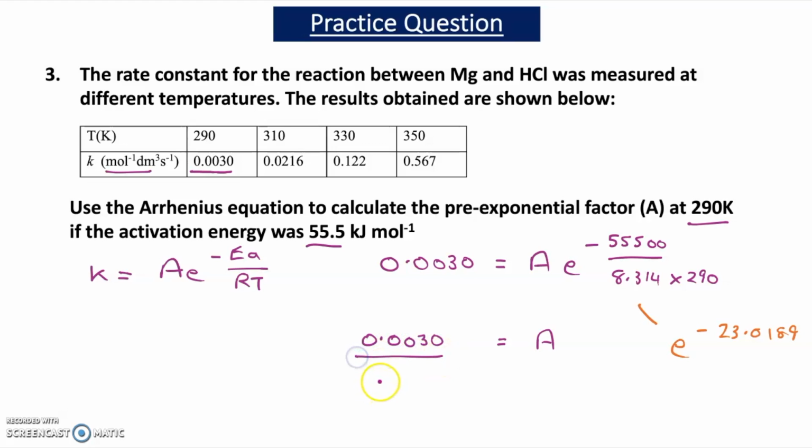And if we rearrange this, we get 0.0030 divided by e to the minus 23.0189 equal to A. Now this gives you a value of A equal to 2.979 times 10 to the 7, and the units are the same as k, so it will be moles to the minus 1, dm to the 3, seconds to the minus 1.